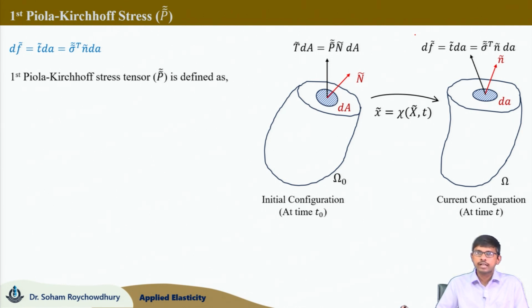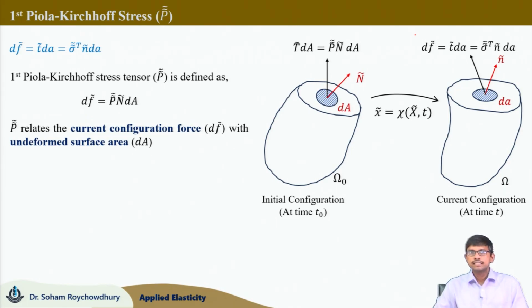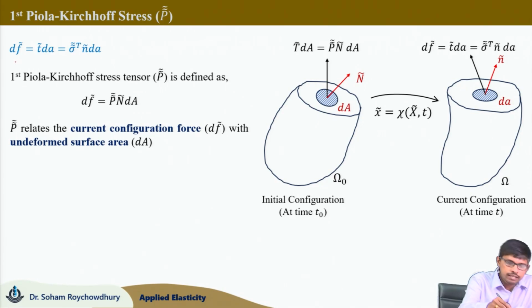Now, we come to the formal definition of the first Piola-Kirchhoff stress tensor, which is defined as d small f equals P acting over capital N times d capital A. This relates the current configuration force d small f, the force in the current configuration, and d capital A, the area in the undeformed state, the initial configuration.